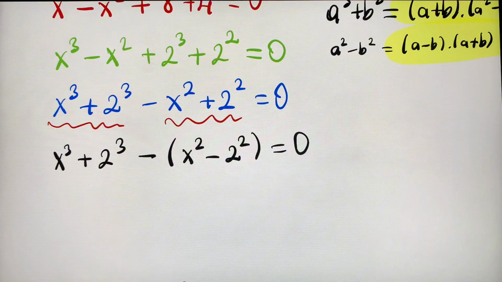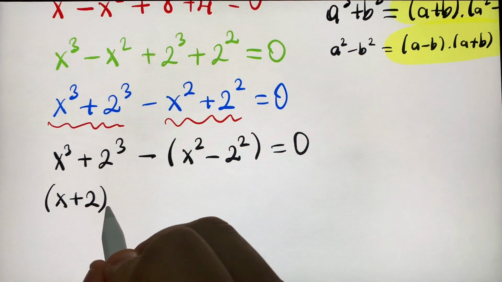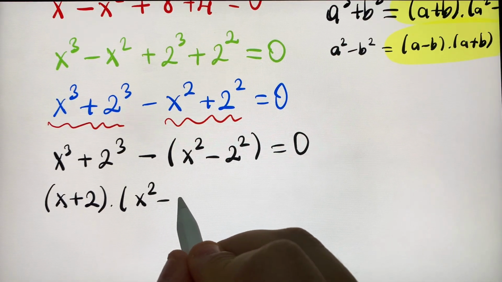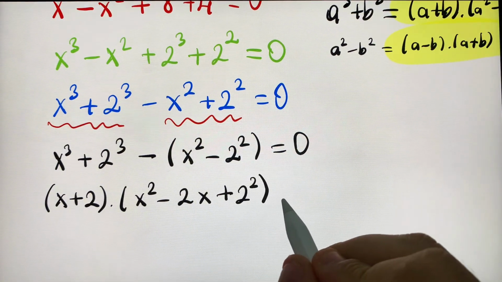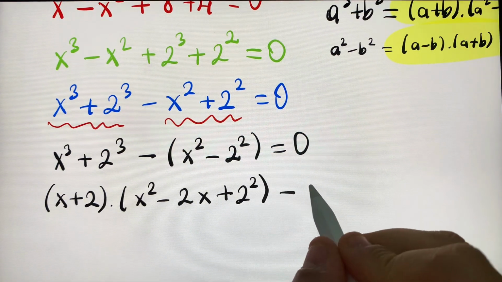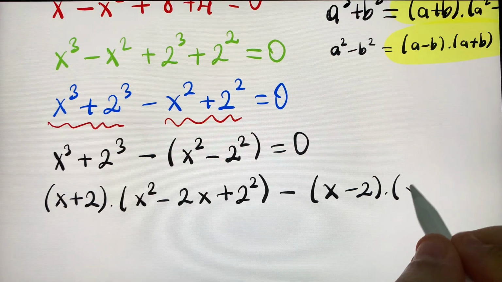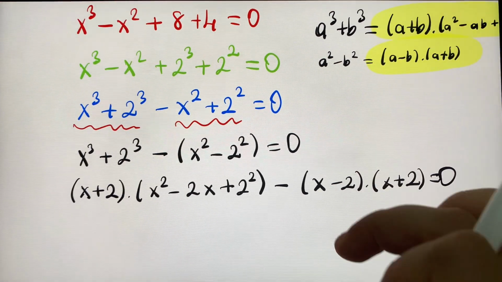Let's make these expansions now. x plus 2 in brackets times x squared minus 2 times x plus 2 squared, close the bracket. Then minus bracket, minus 2 times x plus 2, equals 0.